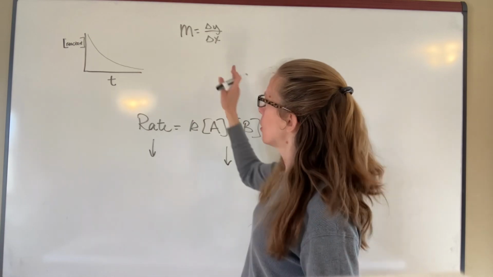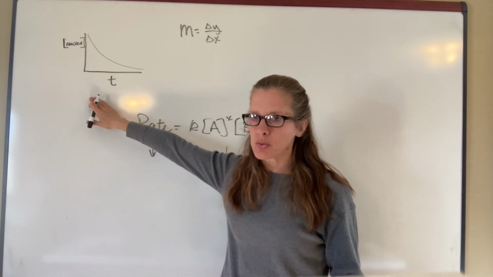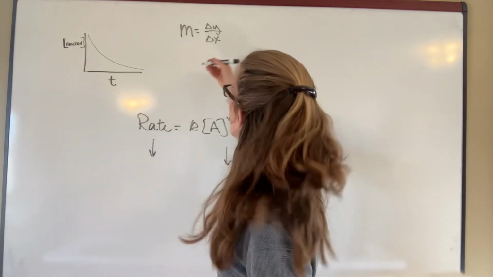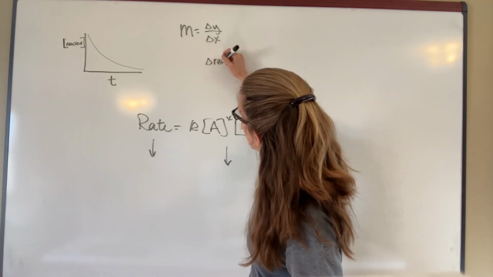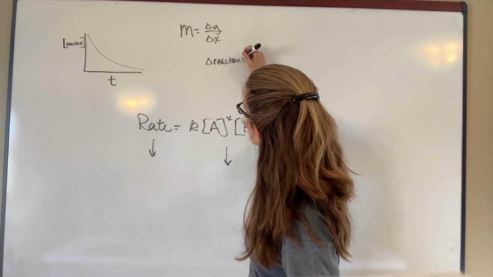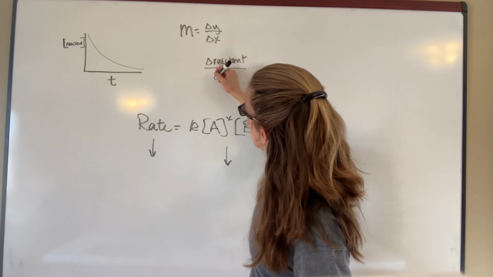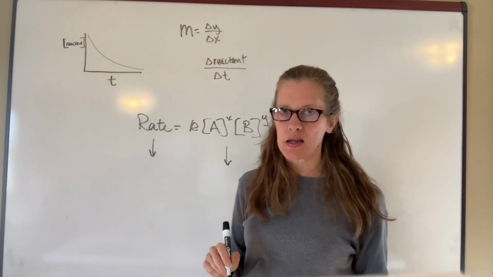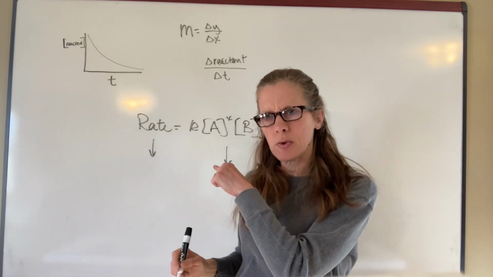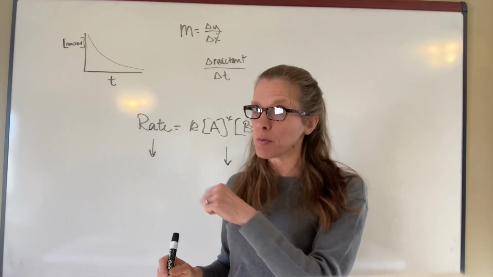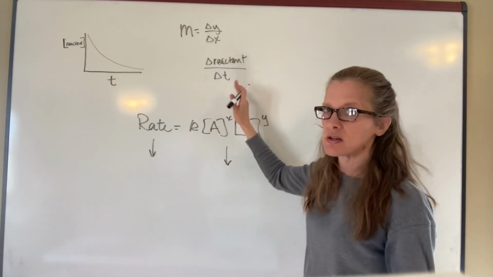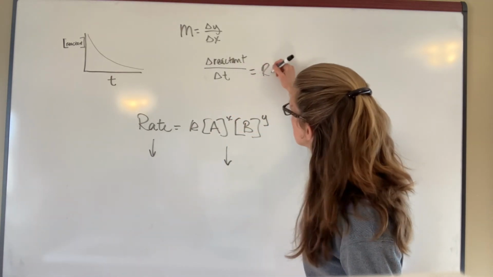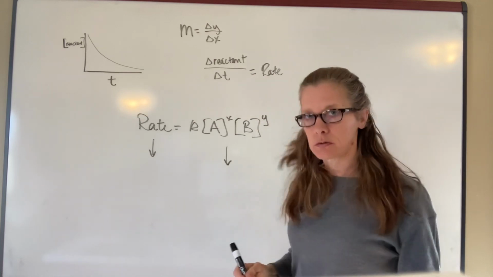So what is it for this one? Well, for here, the slope is going to be the change in the reactant over the change in time. If you remember, we defined that at the beginning of this chapter.